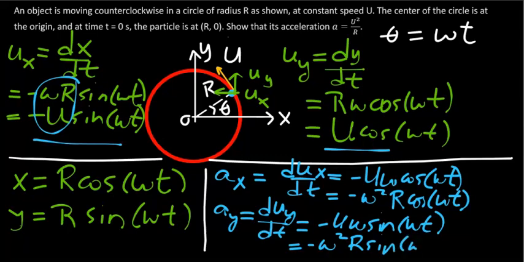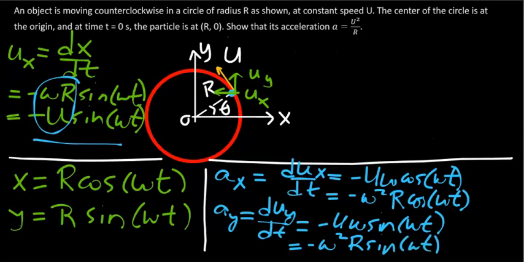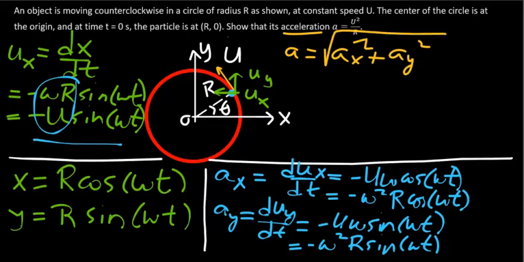You want to determine the acceleration, a, and that equals the square root of ax squared plus ay squared, the magnitude of the acceleration using the components. So let's substitute the expressions.